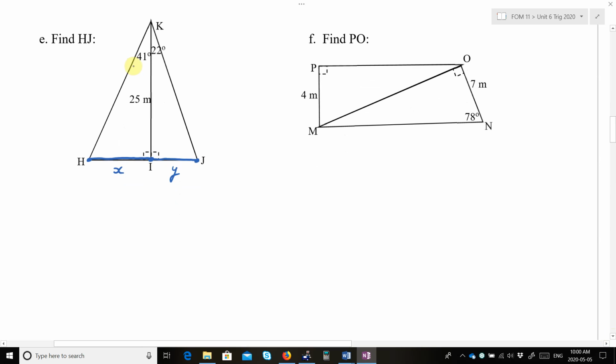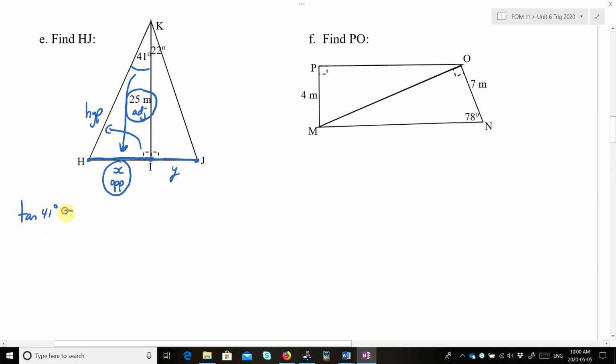So in the first triangle, there's our angle. Right across from it is the opposite side. Across from the 90 is the hypotenuse, and so the 25 must be the adjacent. We want the opposite and we have the adjacent, that comes from tan.